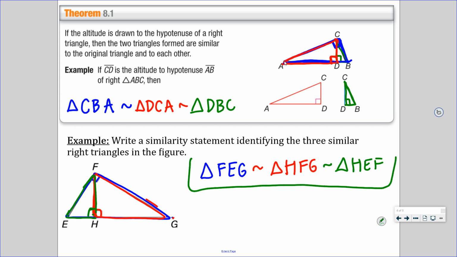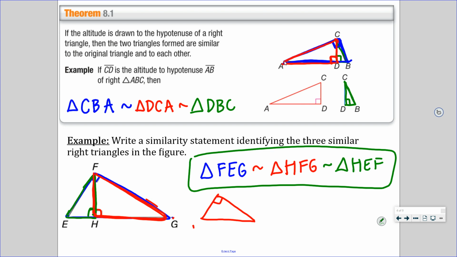Sometimes it helps students if you draw each triangle in the same orientation as the blue one. They kind of did that, but they carried them straight down. You could redraw this red triangle, flipped over, so it looks upside down like the blue one. So picture that.